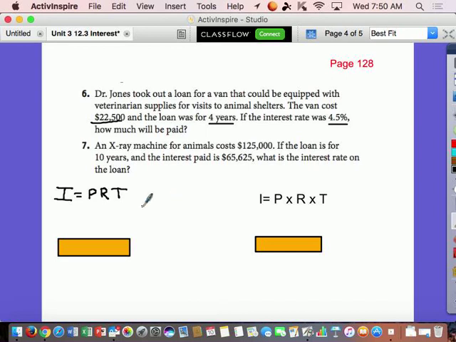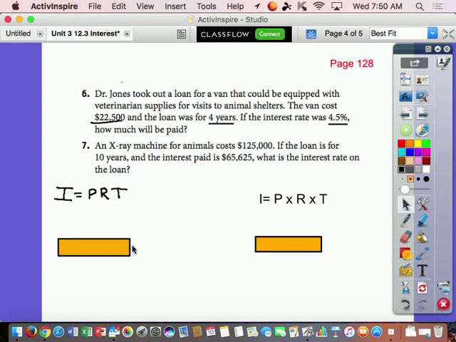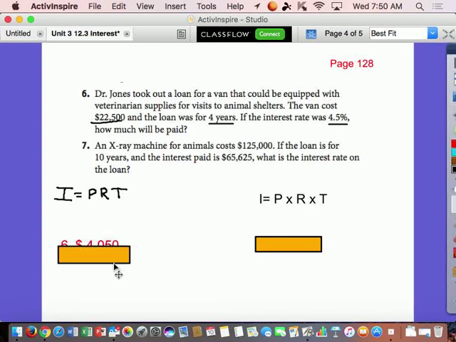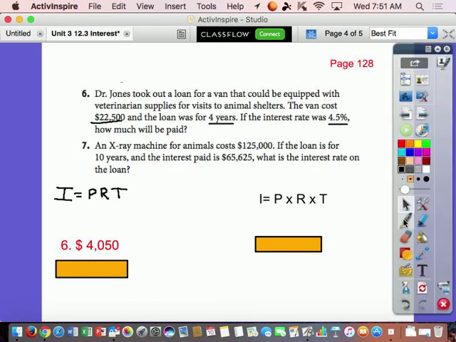I'll wait. Welcome back. Great job. Did you get $4,050? You should have. $22,500 times 4 times 0.045 will yield you $4,050.